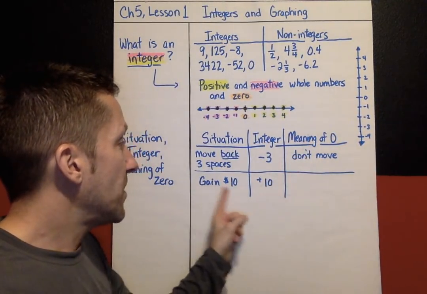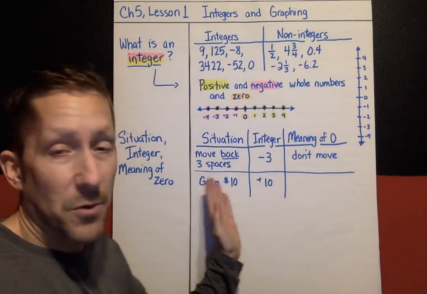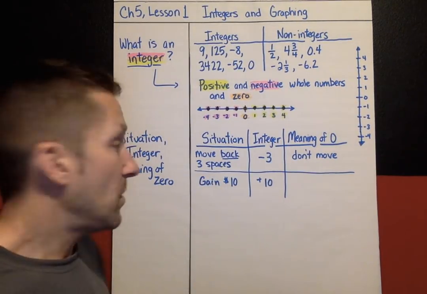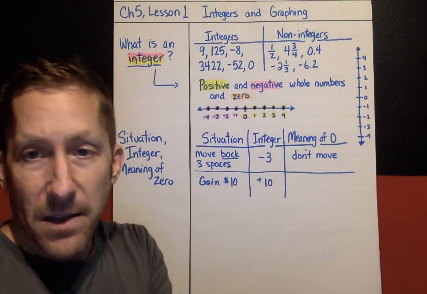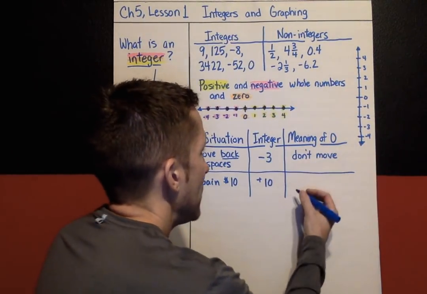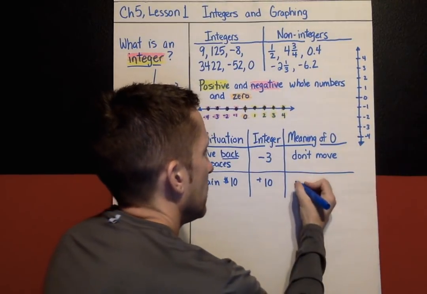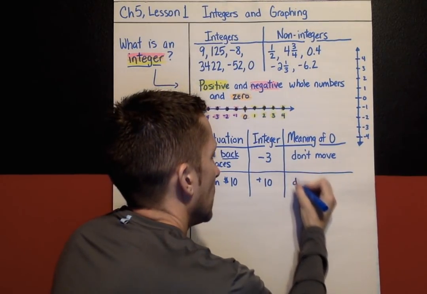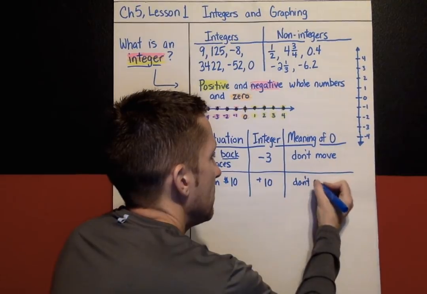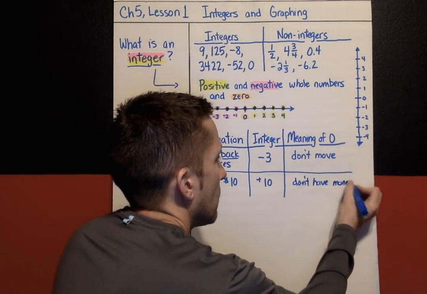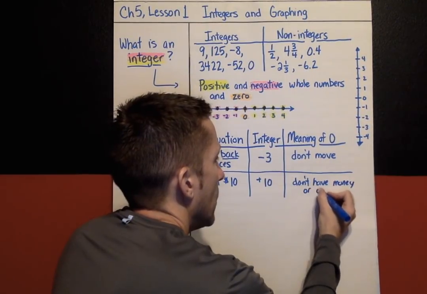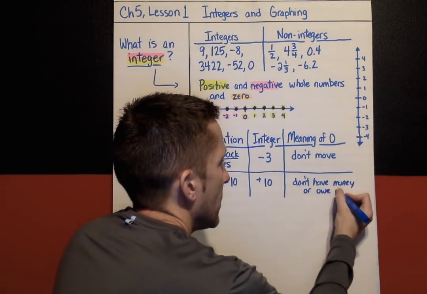What would the meaning of 0 be in this situation with money? If you have 0, that means you didn't gain any money, you didn't lose, you don't have any money, and you don't owe any money.